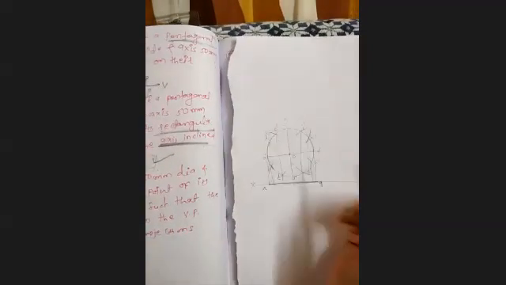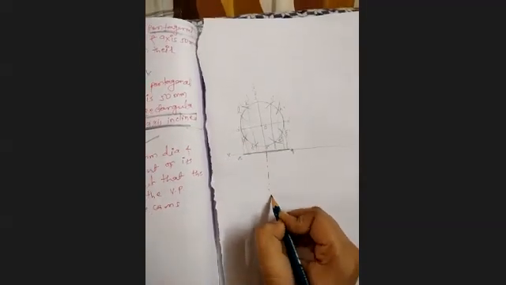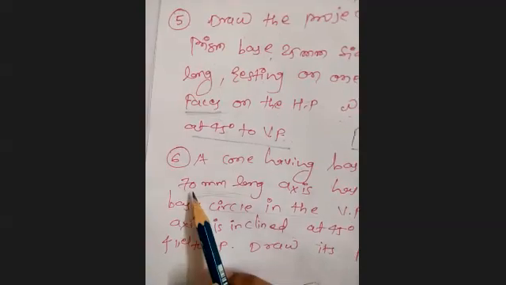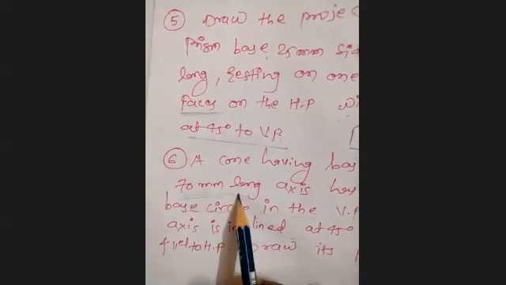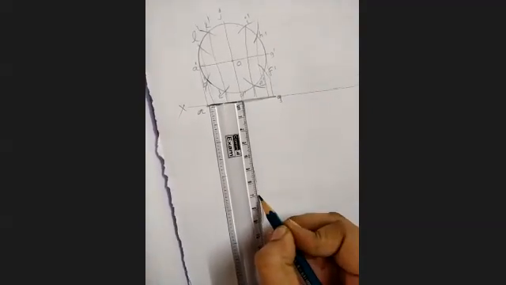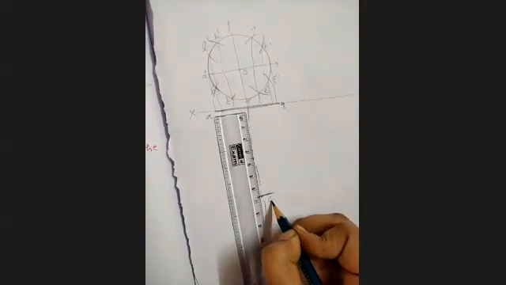Give the naming as A, and this is G, and this one as a center O. Draw one center line here, whose height is 70 mm. By using your scale, from this point, take 70 mm distance and mark your origin point, O, like this.